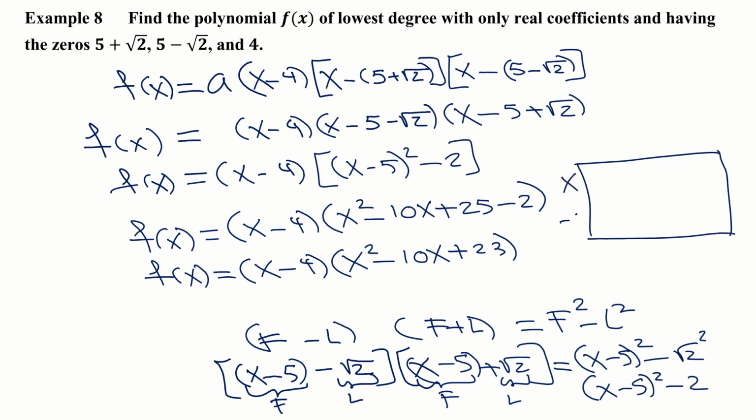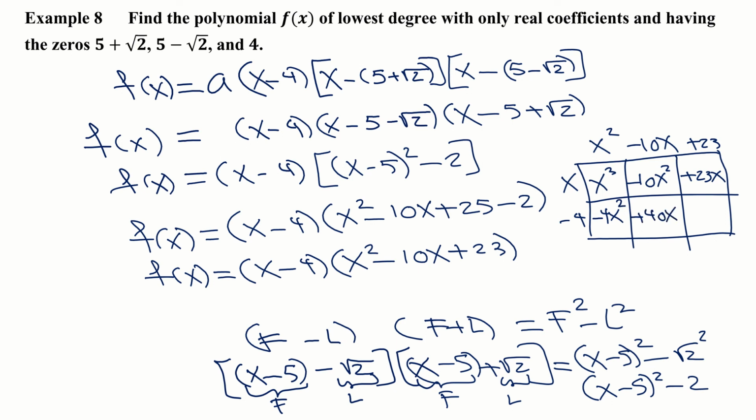So I have x minus 4, x squared minus 10x plus 23, and we're just going to multiply it out like a times table. So we get x cubed minus 10x squared plus 23x, and then in the second row we'll have negative 4x squared plus 40x, and then 4 times 20 is 80, 4 times 3 is 12, so 92, negative 92. Okay?